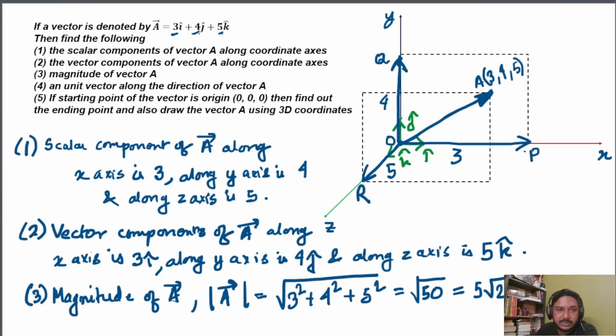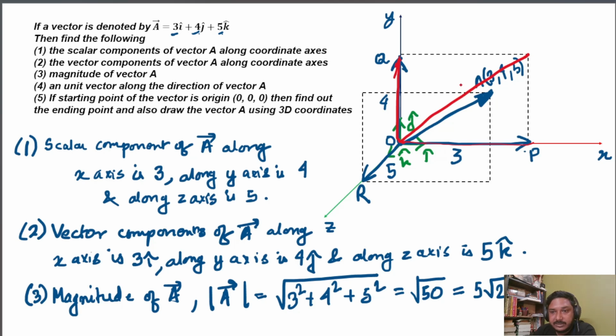Now how this is coming, let us see in small steps basically. It is basically coming from the Pythagoras theorem. Okay. So if we have this OP and this OQ as the right angle triangle, then we can get this diagonal QP, which will be the square of this plus the square of this.